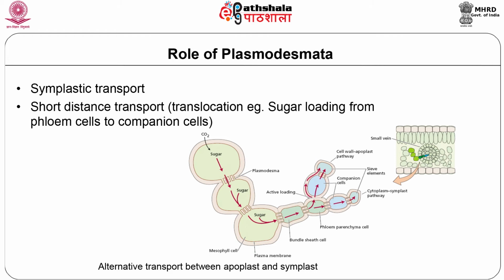Plasmodesmata mostly take part in passive transport. There are three main types of transport: symplastic transport, short distance transport and viral transport. These are all passive transport.